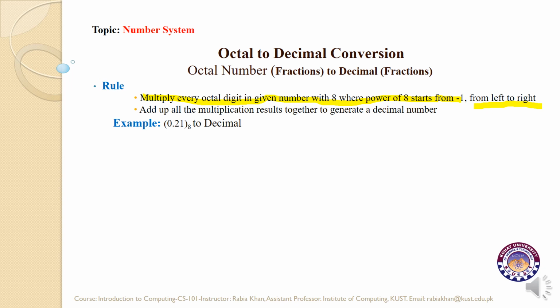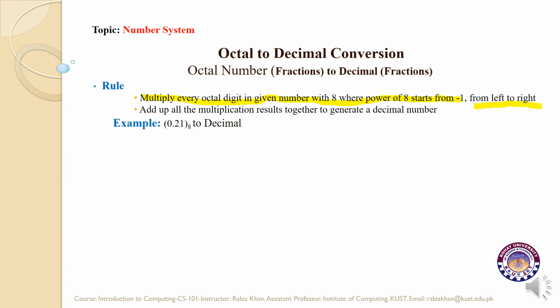And the multiplication process goes on from left to right. So keep in mind, if you are given an octal fraction, always start the multiplication process from the decimal point. So the fractional part will move from left to right, while the integer part will move from right to left.